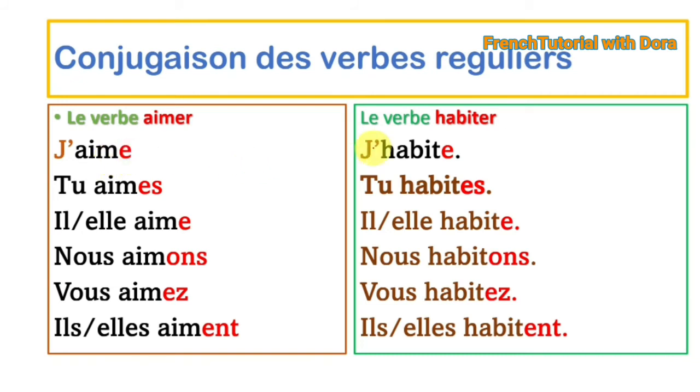Then the verb habiter is the verb to reside or to live. J'habite à Londres, I live in London. Tu habites au Nigeria, you live in Nigeria. That's the verb you use when you want to give your address or location, where you reside.